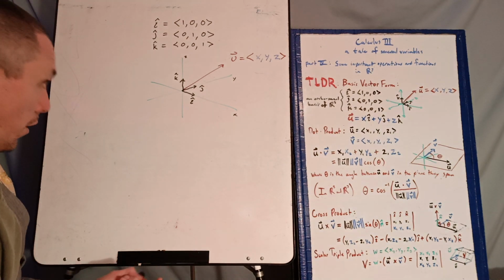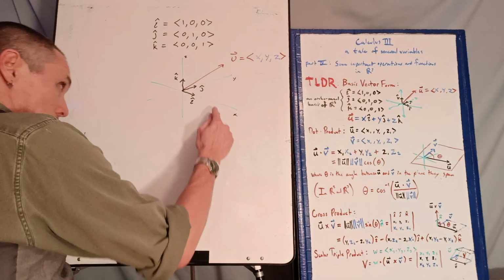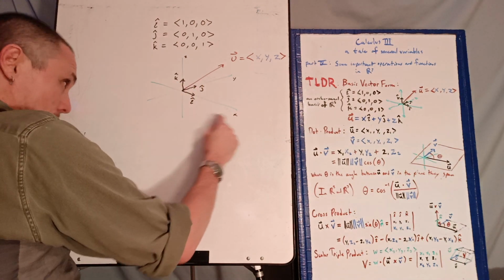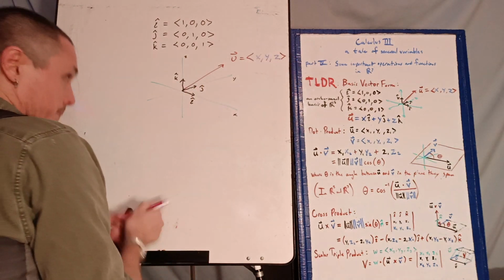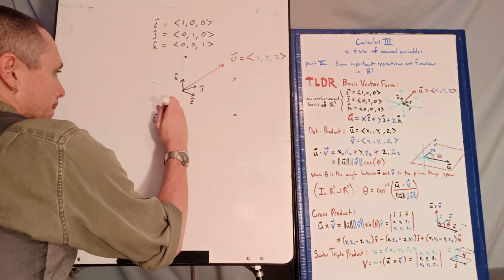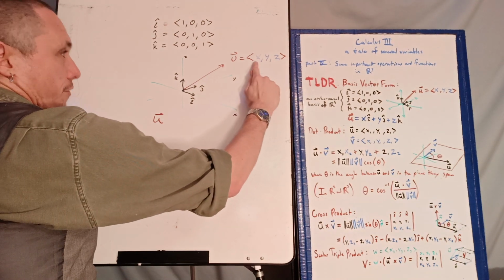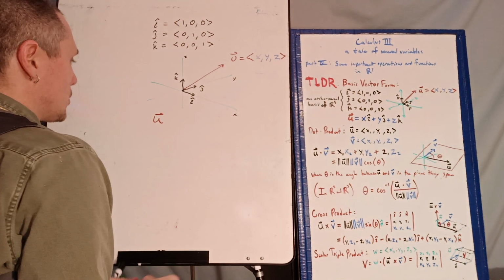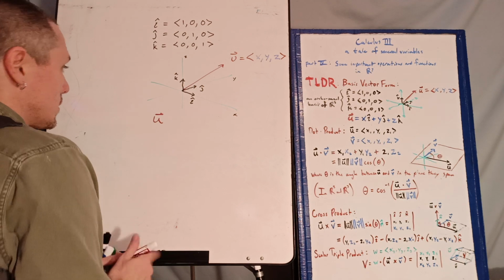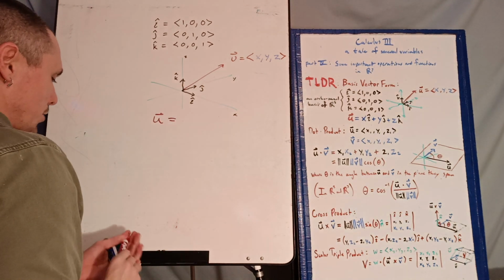So as it will be frequently better to write things in terms of these basis vectors than in terms of coordinates, we can write u the following way. We just turn these coordinates in component form here into the scalars that multiply these basis vectors when we do a linear combination.